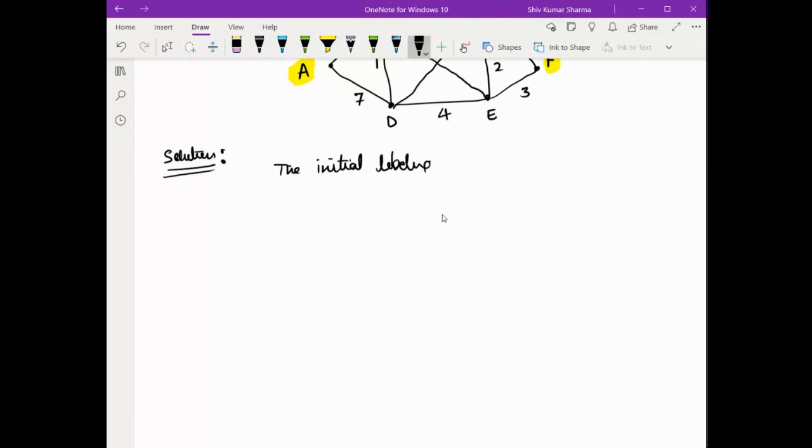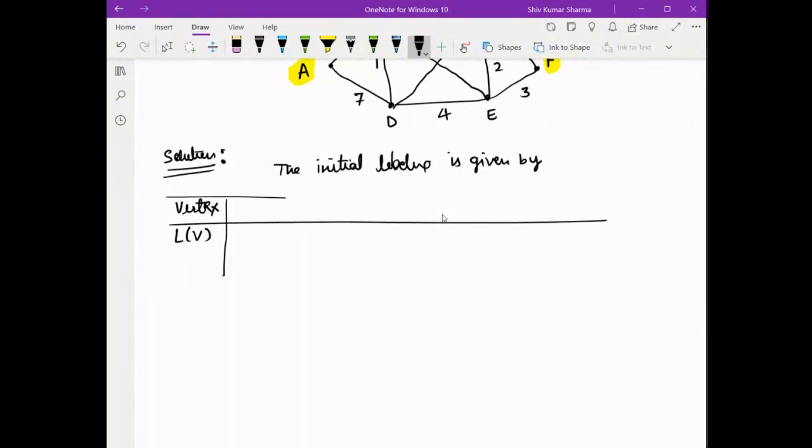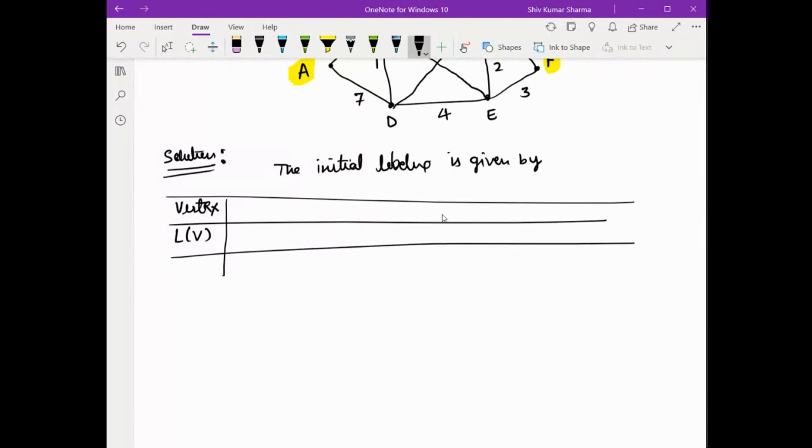First is the vertex, second is the label of each vertex, which we denote as LV, label of the vertex, and third is the set S, or you can denote it T, the set of vertices.